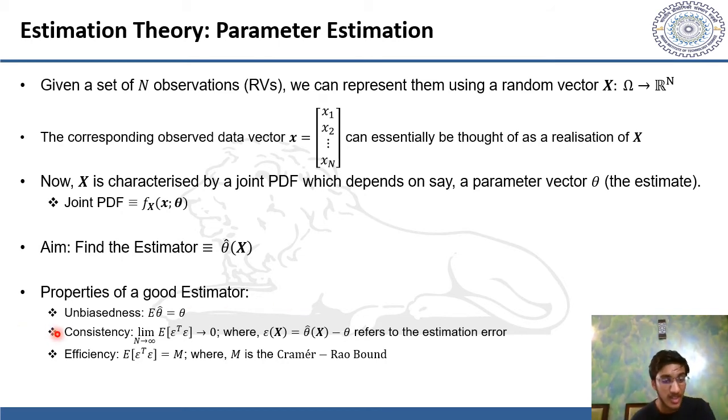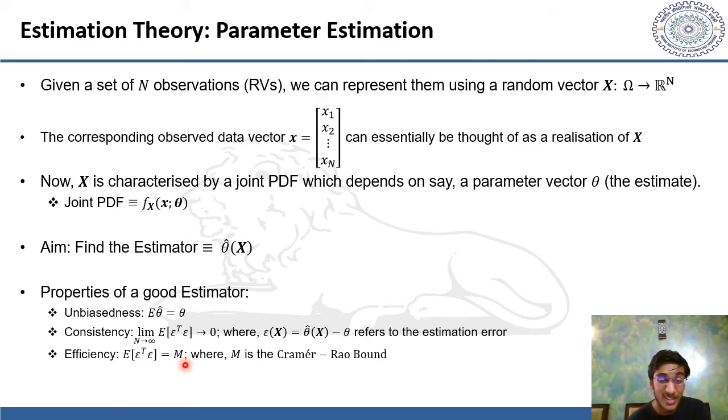Next, we come on to the case of consistency, in which case we note that the limit of the mean squared estimation error, the asymptotic limit, that is, when the number of observations tends to infinity, must essentially tend to zero. And efficiency, that the mean squared estimation error must be equal to m, wherein m is the Cramer-Rao bound.